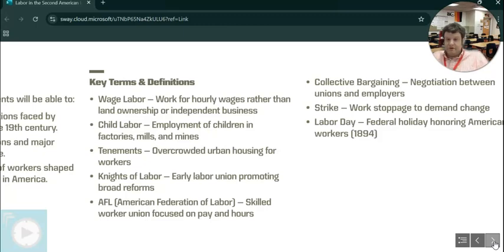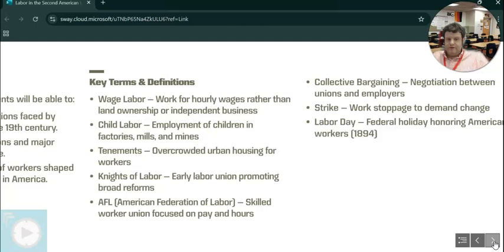Next term on here is child labor. Now, child labor is the employment of children. We see this in factories, mills, and mines in the Industrial Revolution. This is an unfortunate piece of the history of the Industrial Revolution, because child labor was seen as a solution to a workforce problem. Children of a young age were easier to manage, and they could be compelled to complete tasks more easily.